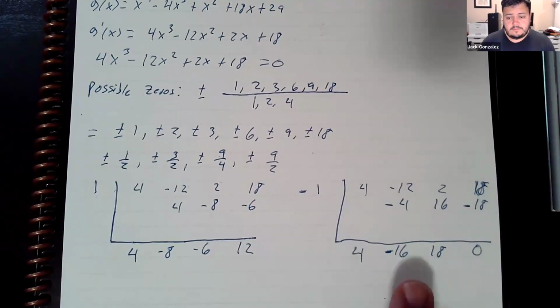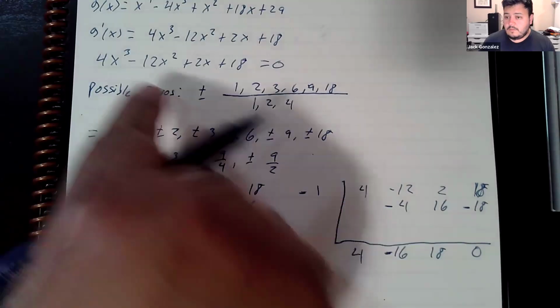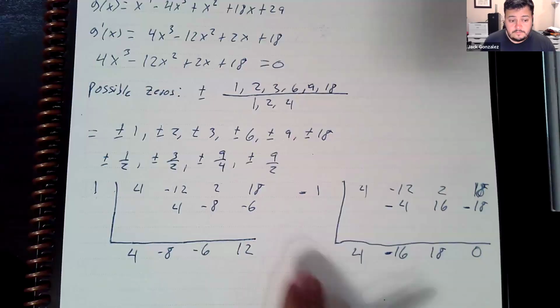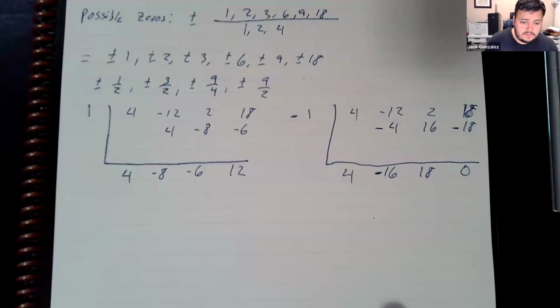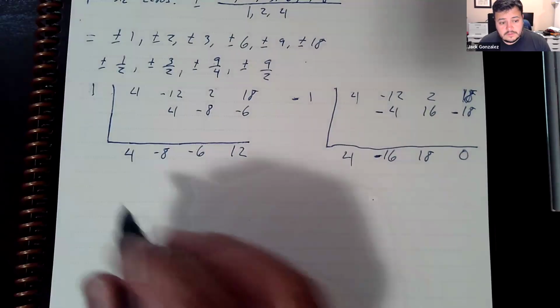So that means -1 is a 0 if I plug it into G prime. That's what this means. It also means that it's a factor. If you remember the fundamental theorem of algebra, it says if it's 0, then it's also a factor. It can be written this way.